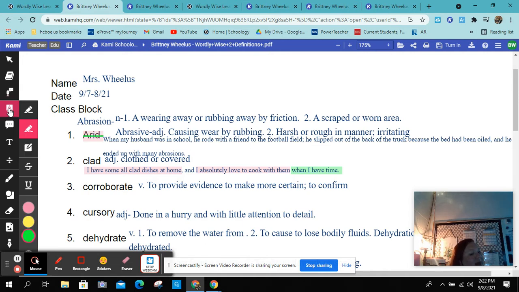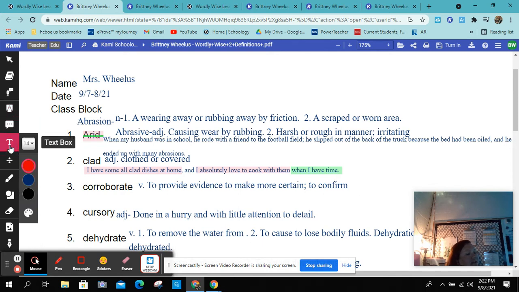This is how you highlight things, or how you strike through something, or how you underline something. We're not going to do comment right now. Text box, you're going to use that a lot. We're not going to do equations. You may have to use the drawing. Shapes, you will use. An eraser, you might have to use.